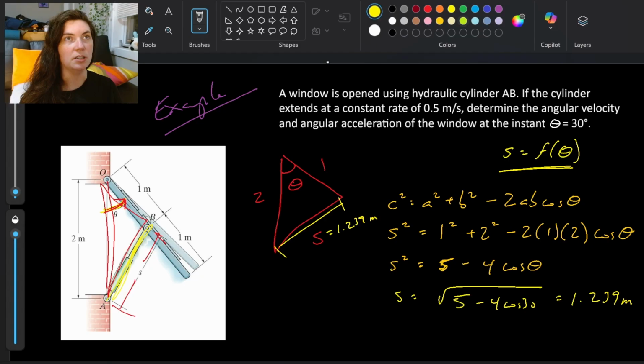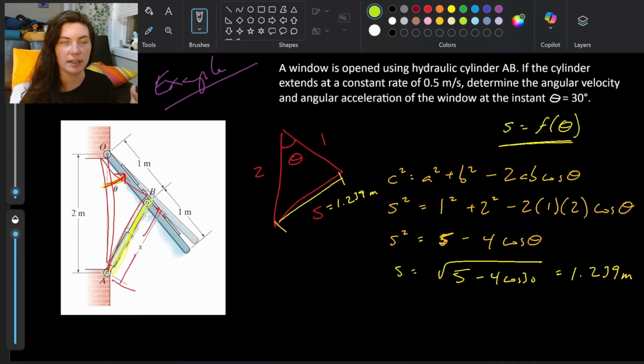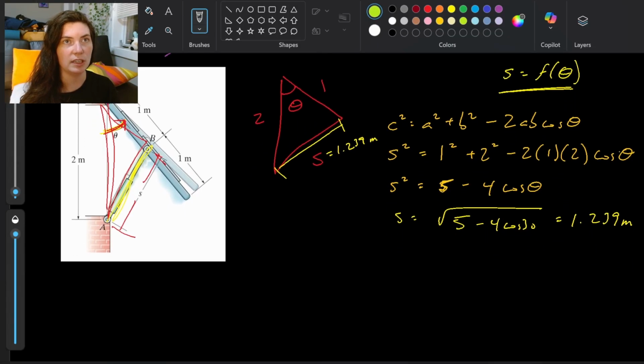But now we're going to take those time derivatives to find the relationship between our velocity and our acceleration using this equation. We're going to take our first time derivative. Remember, we're taking the derivative with respect to time, not with respect to theta or with respect to s.